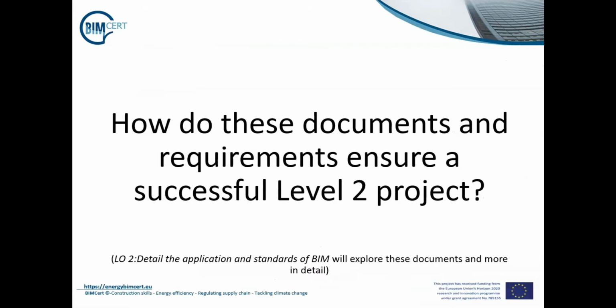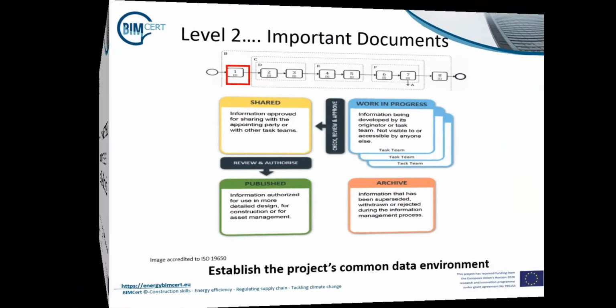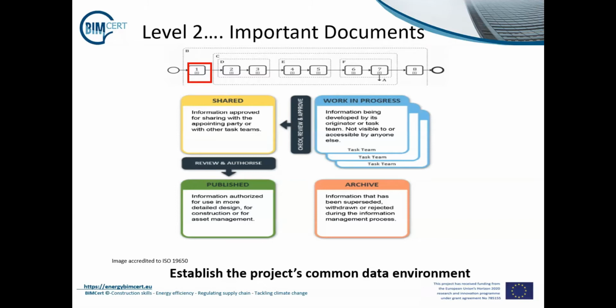So, how do these documents and requirements ensure a successful Level 2 project? As discussed, the first objective is to establish a project's common data environment. At Activity 1, the first thing that will be done is to appoint project information management roles, establish the project information requirements, establish the project information delivery milestones, establish the project information standard, establish the project information production methods and procedures, establish the project reference information and shared resources, as well as establish the common data environment.